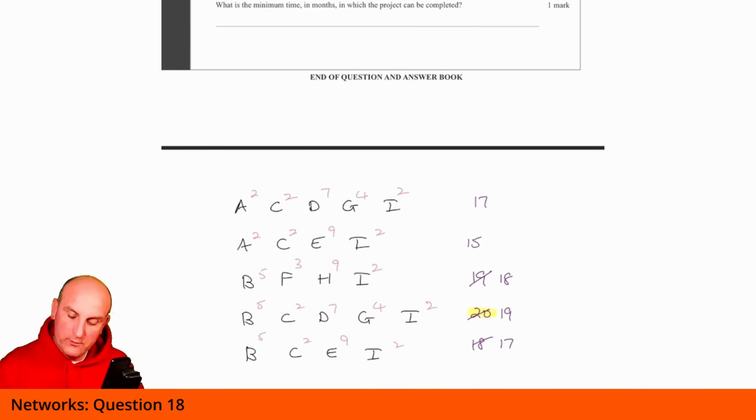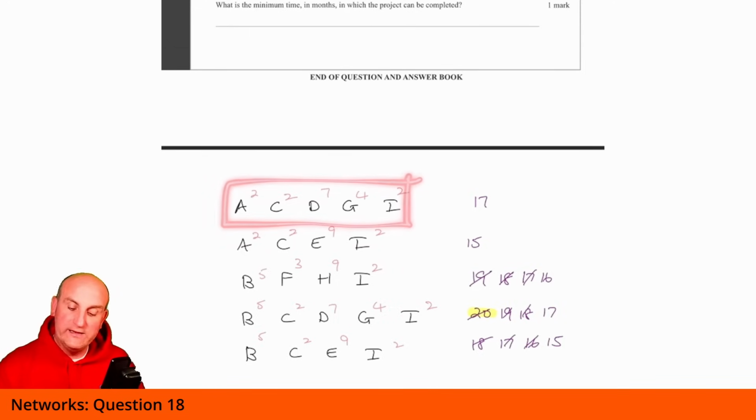Let's take B down by another one. That's going to give me 17, 18, and 16, all right? I've still got capacity because I've still got 18. I can still reduce B by another one, and that's going to give me 16, 17, and 15. Now, the problem is I can reduce B by another one, but then basically this will become my new critical path.